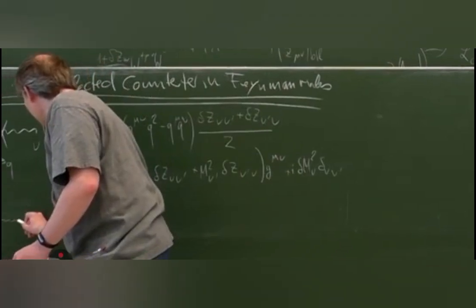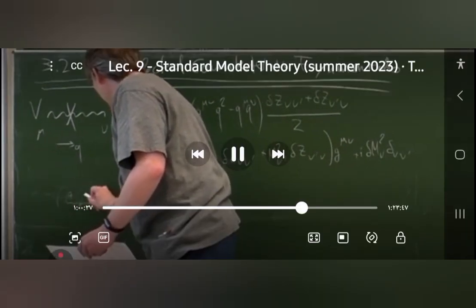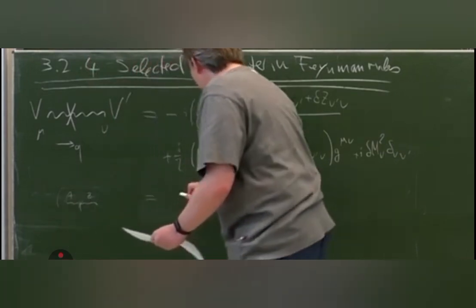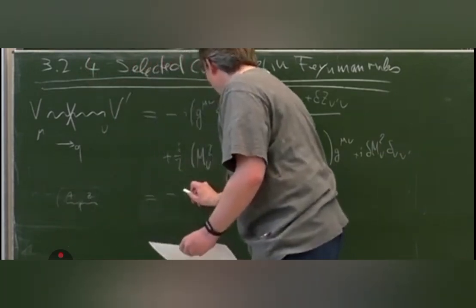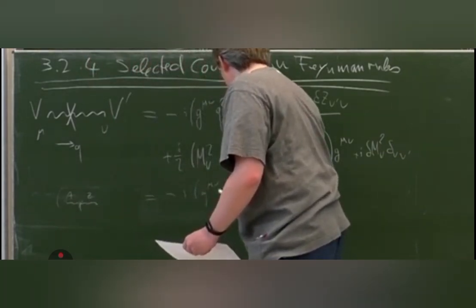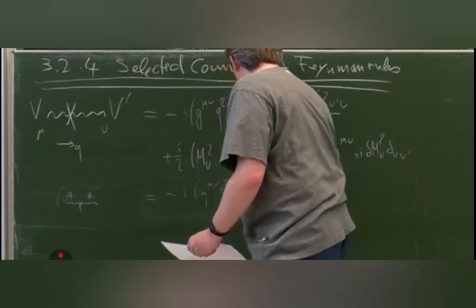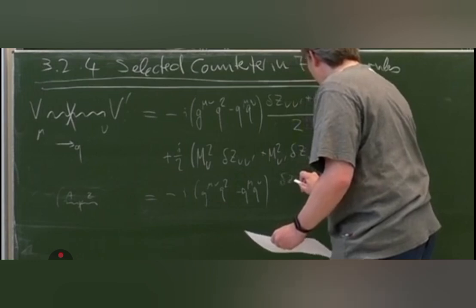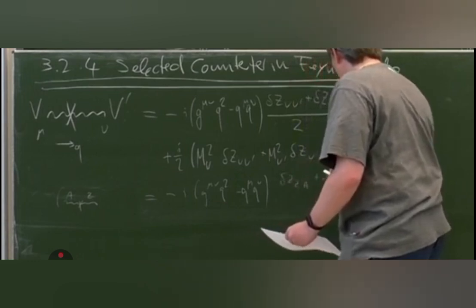So let me maybe highlight this in particular. AZ, which is the least obvious one, would give you minus i g mu nu q squared minus q mu q nu times delta Z_ZA plus delta Z_AZ.